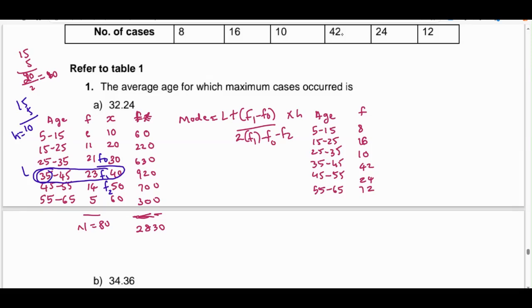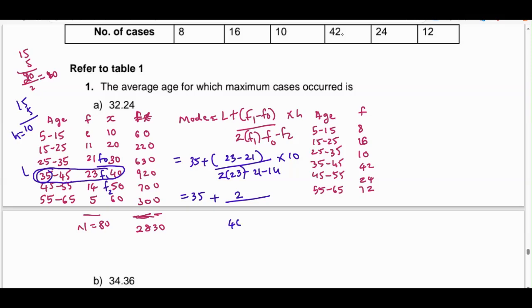Now substituting in the formula, we get L is 35 plus f1 is 23 minus f0 is 21, divided by 2 into 23 minus f0 is 21 minus f2 is 14, into 10. So here it is 35 plus 2 divided by 2 into 23. 2 into 23 is 46.